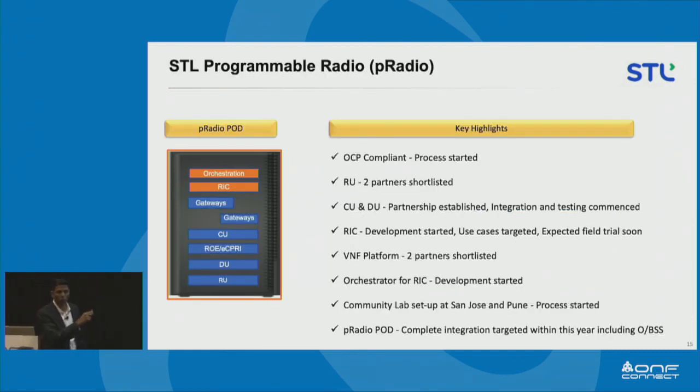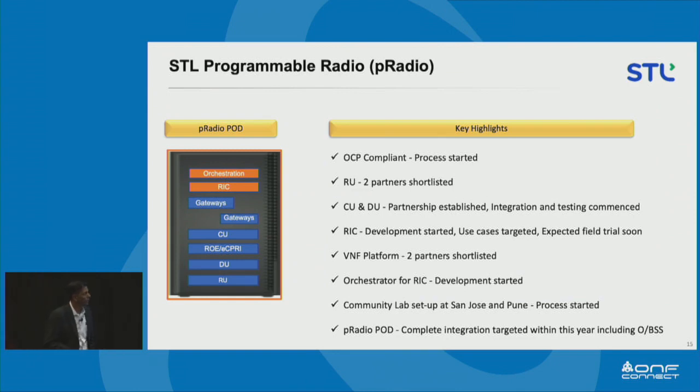It is a programmable radio pod, which has essentially all the aspects of RAN: RU-DU, then CPRI-based interfaces, CU, and then RIC and orchestration. So this is a pod that can be deployed on the edge side.